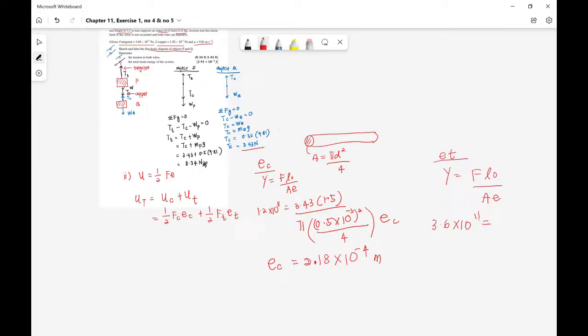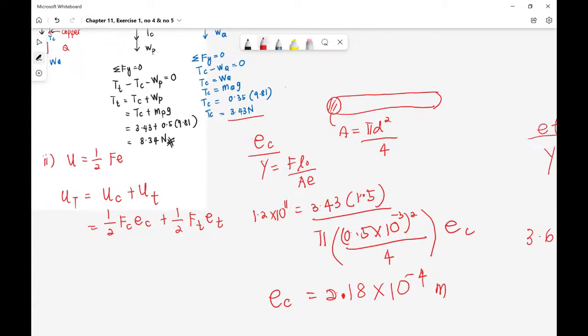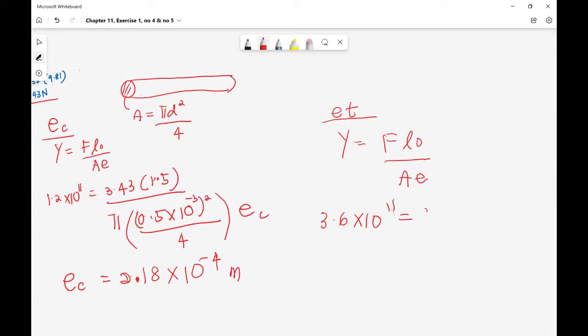Force untuk tungsten adalah sama dengan tension untuk tungsten, which is 8.34, and then times original length untuk tungsten is 1 meter and cross sectional area untuk tungsten adalah daripada pi d squared over 4, yang mana diameter untuk tungsten adalah 0.22 millimeter.